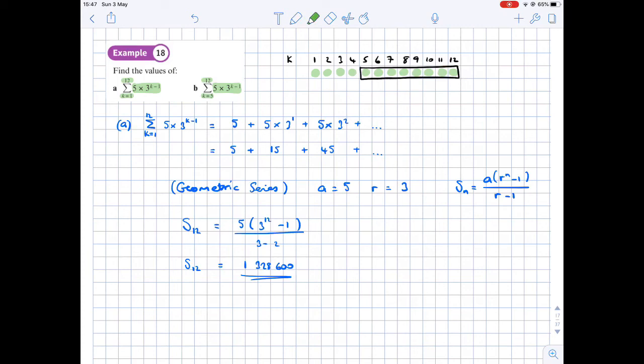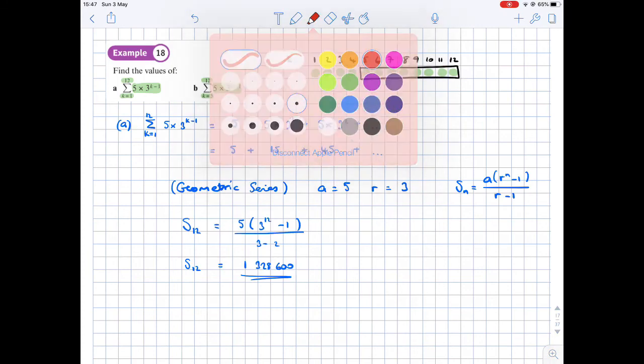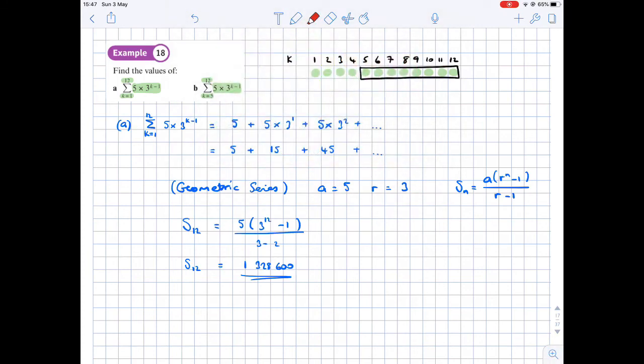Well, hopefully you can see that we already know the sum of the first 12 terms from part A. So actually, if we can work out the sum of the first 4 terms, we can just subtract that from the sum of the first 12 to give us our answer. So let's do that.